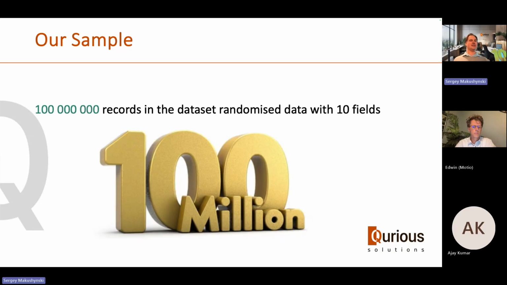Try to load 100 million rows from the database. You can expect half an hour, and to run a refresh for an hour every time is a bit too much.